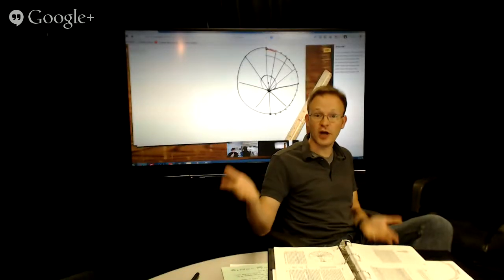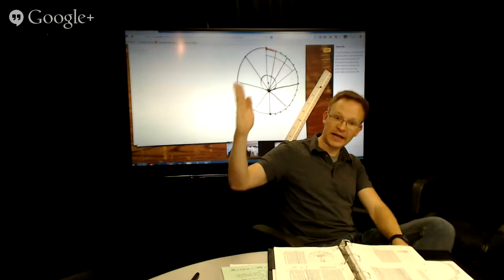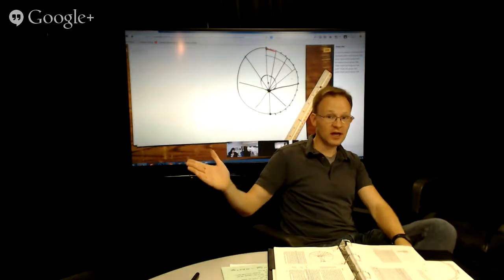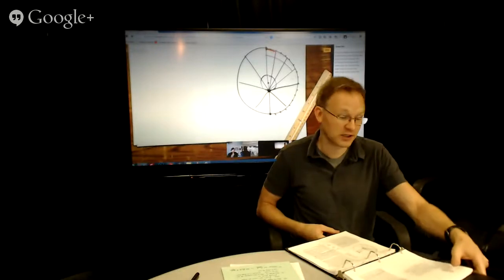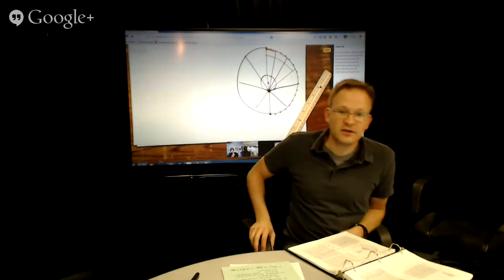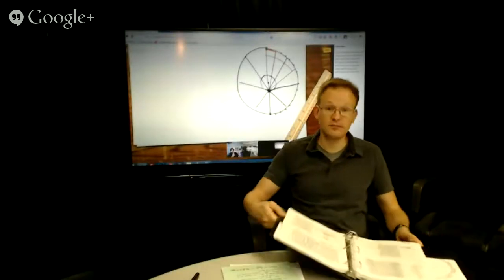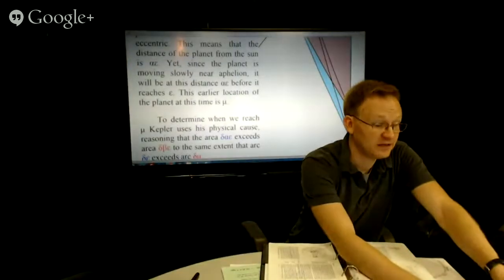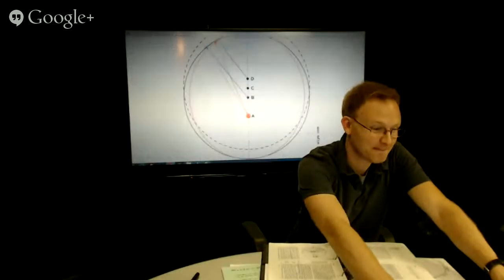If you walk and run for an hour each, like on this fictitious semicircle, where each degree means a certain amount of time, then you can't just add them up and take the average. So he's got to do it degree by degree, and he says that's really going to make things tough. In fact, in this chapter, he can't do it. He says, you know what? In chapter 46, there are so many troubles in trying to figure out where Mars will be that he actually does just give up, and he says that he's going to use the vicarious hypothesis.